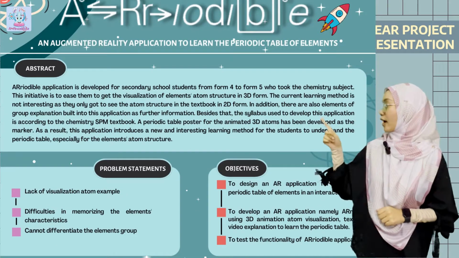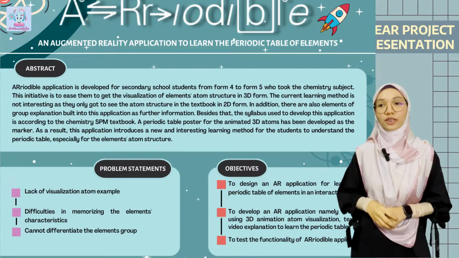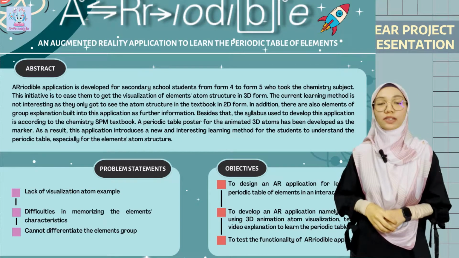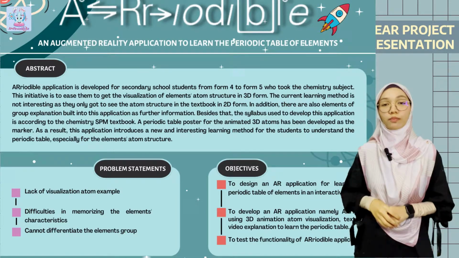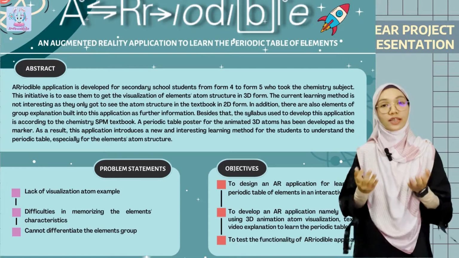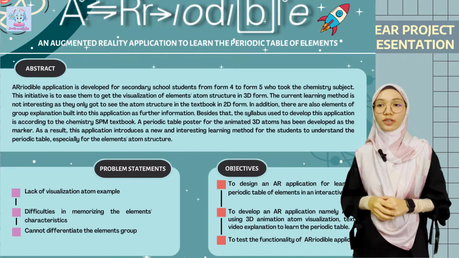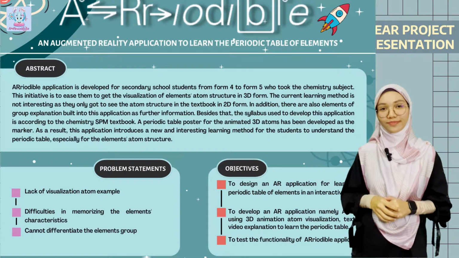Next, the abstract. ARriodible application is developed for secondary school students from Form 4 to Form 5 who took the chemistry subject for their SPM examination. This initiative is to ease them to get the visualization of elements' atom structure in 3D form.